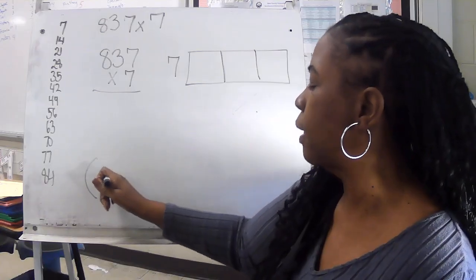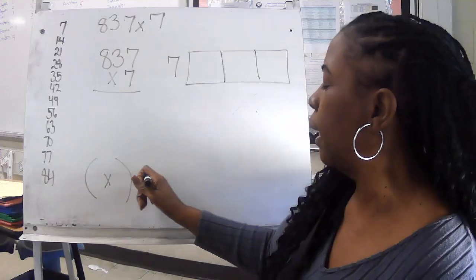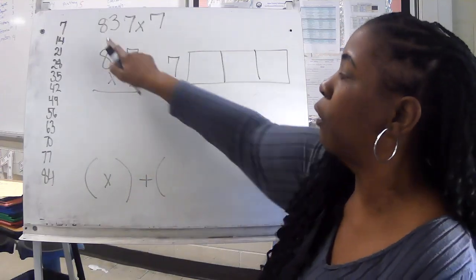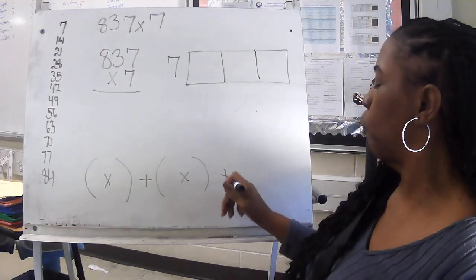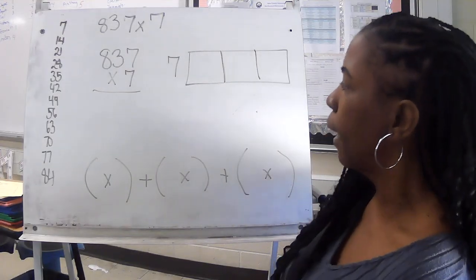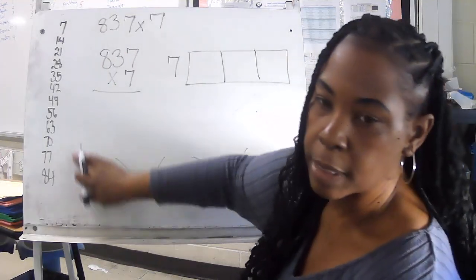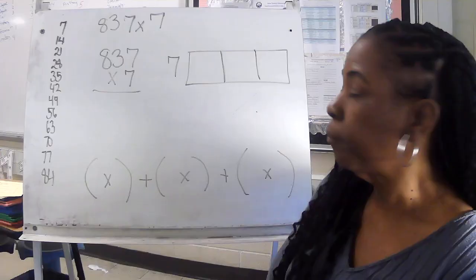So we have 8 times, where we have times, plus, and I'm going to do 3 of these because there are 3 digits here that we're responsible for. So I should have 3 sets of parentheses. And, of course, without a doubt, our multiples.